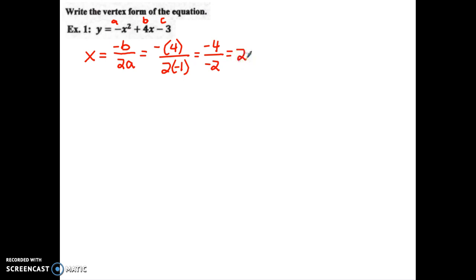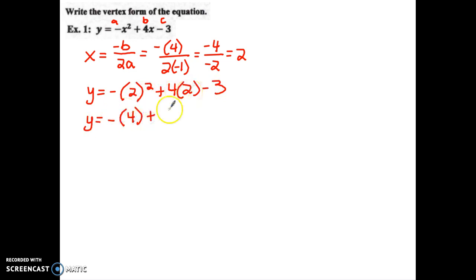To find our Y value, remember we have to plug this X value into the equation. So Y equals negative 2 squared plus 4 times 2 minus 3. Okay, so 2 squared is 4, plus 4 times 2 is 8, minus 3.